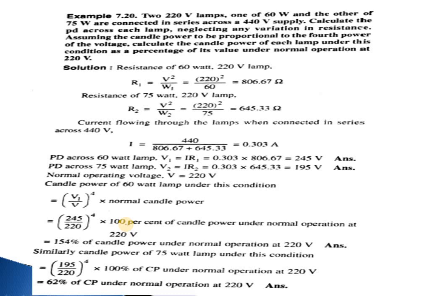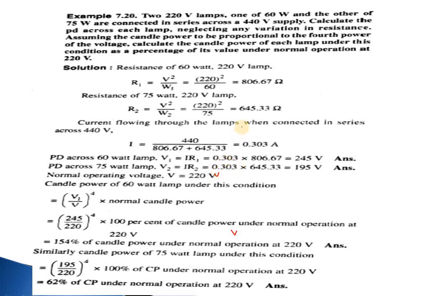So here, the resistance of the 60 watt 220 volt lamp we can easily calculate from R1 = V square divided by W1, that is, P equals V square by R, the formula of power. So from there we can easily calculate the resistance of the 60 watt lamp.